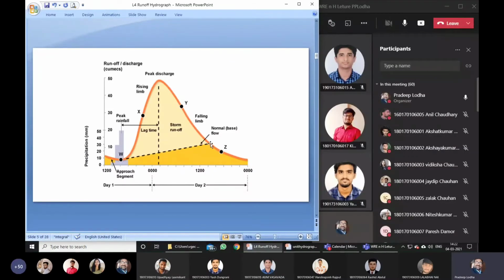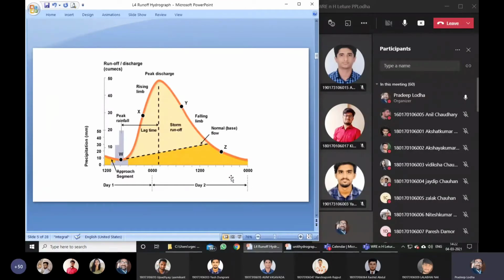Now this rise in the groundwater contribution is because of infiltration and percolation into the groundwater, which augments the contribution of groundwater into the channel. So you need to understand this. This is augmentation of groundwater into the channel.